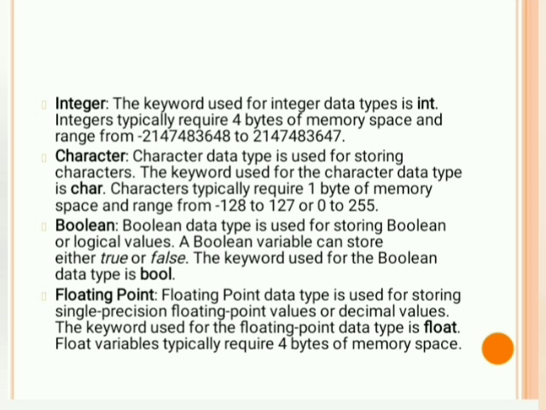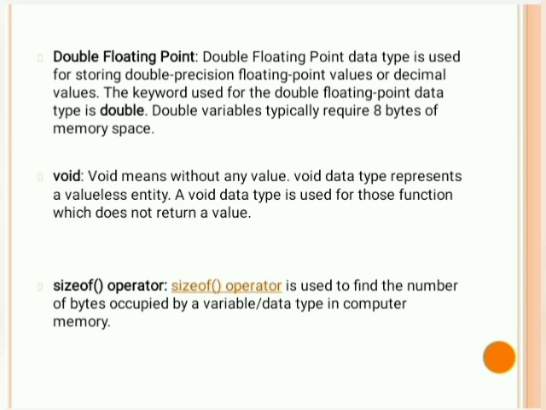It usually requires 4 bytes of memory space. The double floating point data type is used to store double precision floating point values, right? Whereas void means without any value. The void data type is used for those functions which don't return any value, whereas the sizeof operator is used to find the number of bytes occupied by a variable.